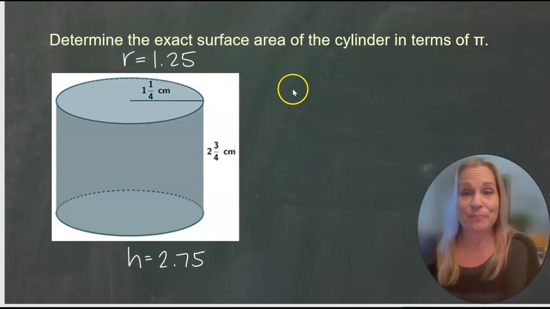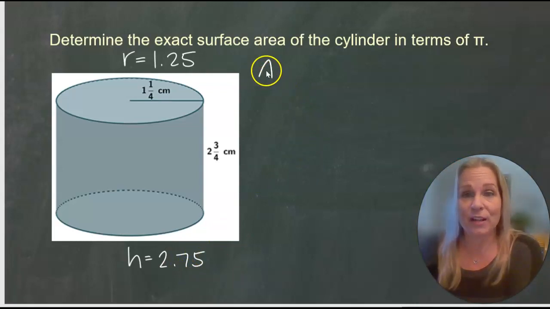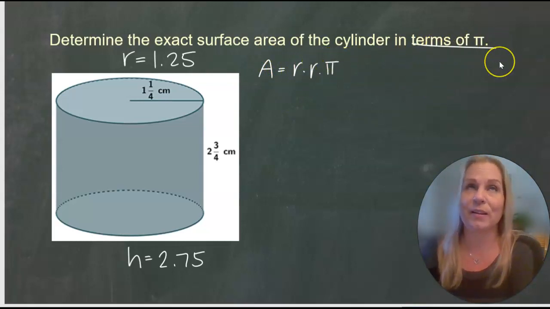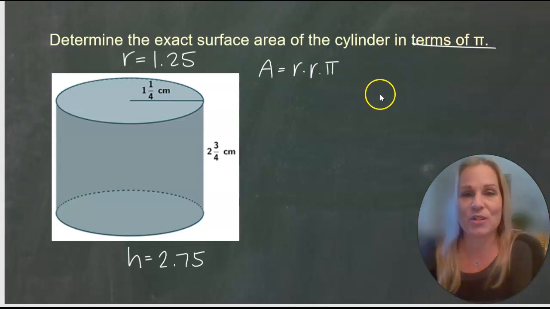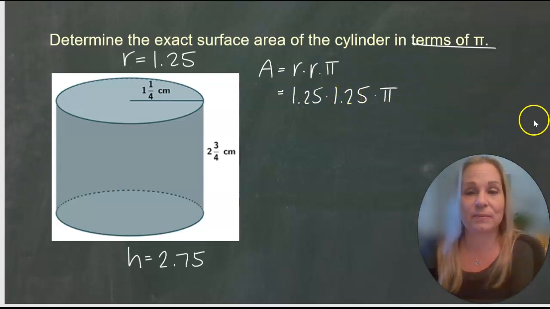Sound good? So we know that the area of one circle is r times r times pi. Oh, in terms of pi, I love it. Makes it so much easier. So we're going to do 1.25 times 1.25 times pi, right?